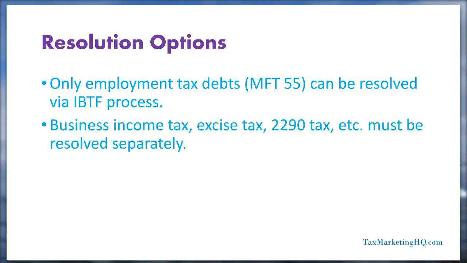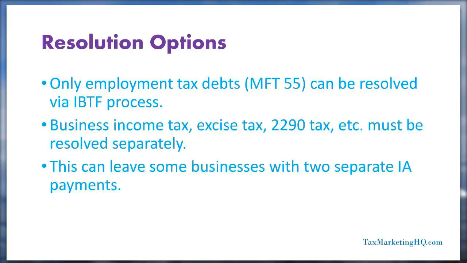Business income taxes, excise taxes, 2290 taxes, things like that, they have to be resolved separately from the mod 55 taxes. So this results in a situation where some businesses will actually have two separate installment agreement payments. It's rare, but it can and does happen.